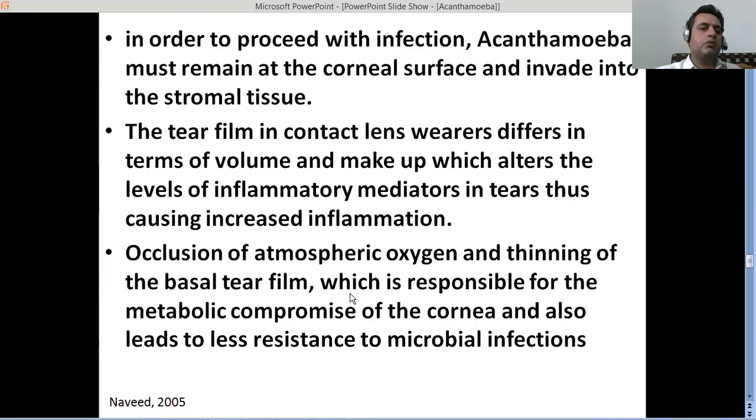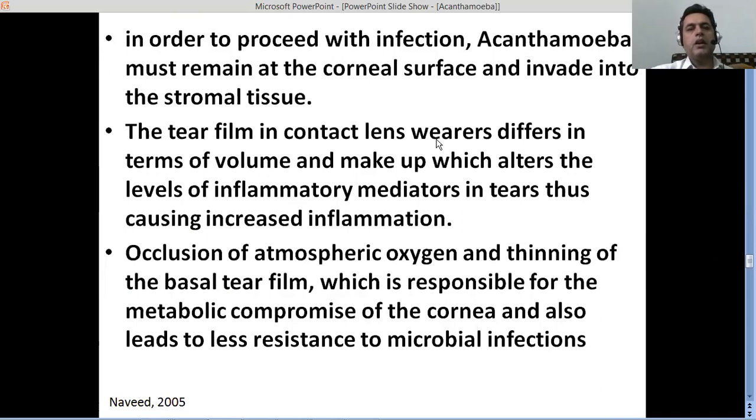So this condition would be good for the parasite to prevail there, invade into the stromal tissue, and just deteriorate the condition inside the eye.